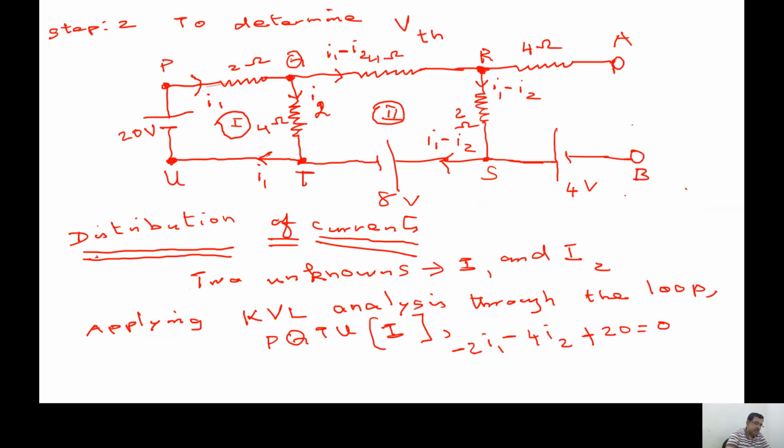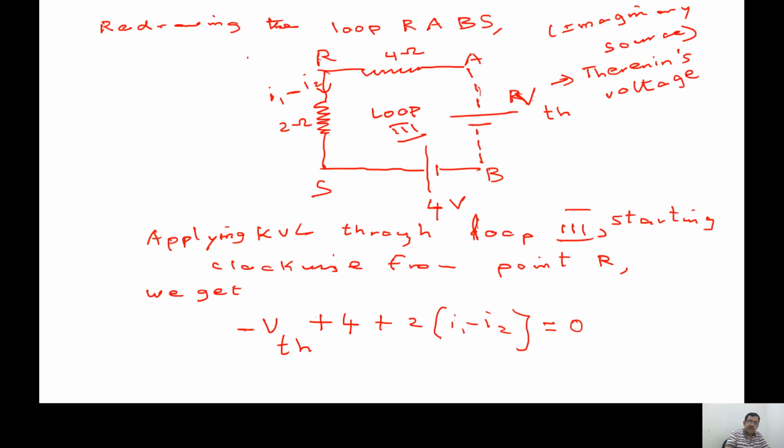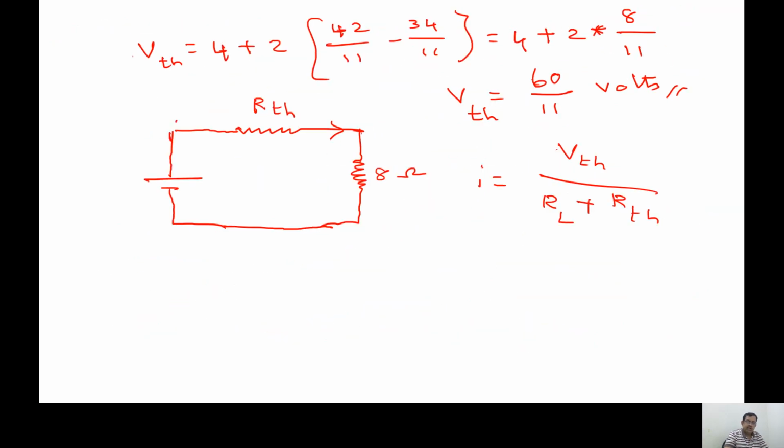So how do I look at the circuit? The circuit can be looked at quickly like this. I'll redraw that circuit over here so that you can easily follow. To determine RTH, you need to short all voltage sources.